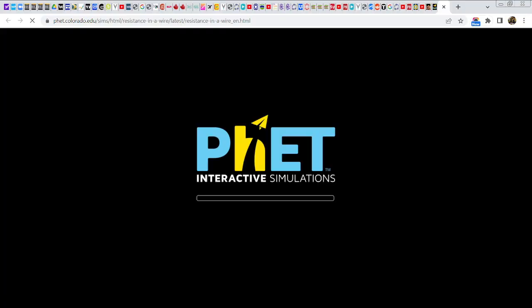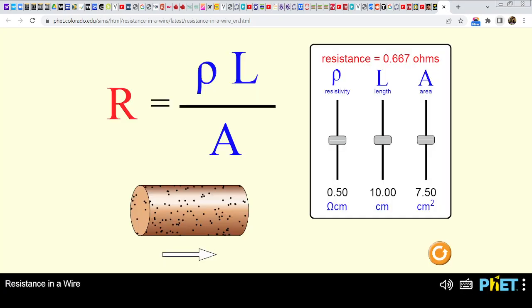I can show you here some simulations from the University of Colorado. As you can see, this is resistivity. Resistivity is a property of the material, remember? Resistance is a property of the object itself, but it depends on the material that the wire is made of.